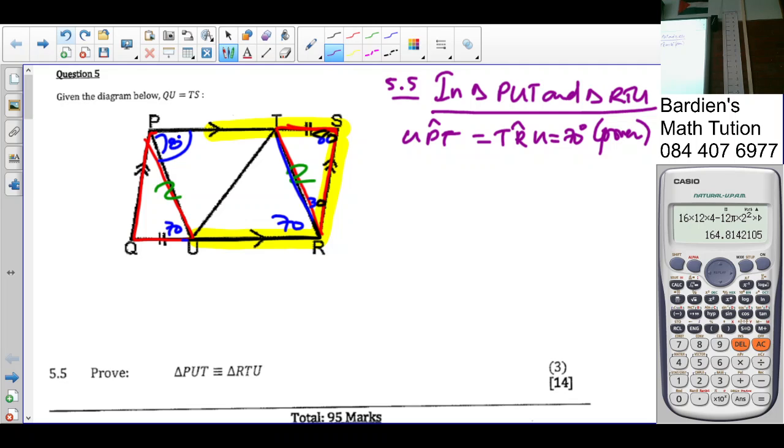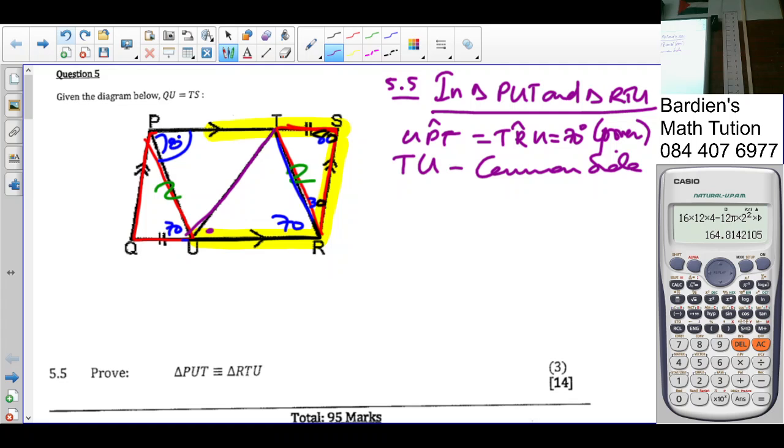Angle U, this one here. Talking about that angle? You have your common side here. TU is a common side. Remember, for congruency, we must have at least one side. There's your side.